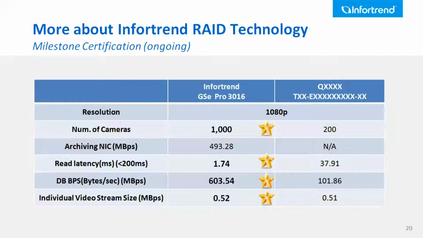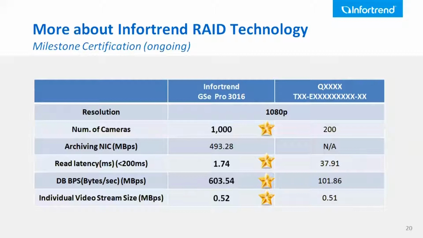Let's further take a look at read latency. Infortrend GSE Pro has only 1.74 millisecond, while competitor has 37.91 millisecond, which is very high. Then in individual video stream size, we use 0.52 to test Infortrend GSE Pro, while competitor uses 0.51.